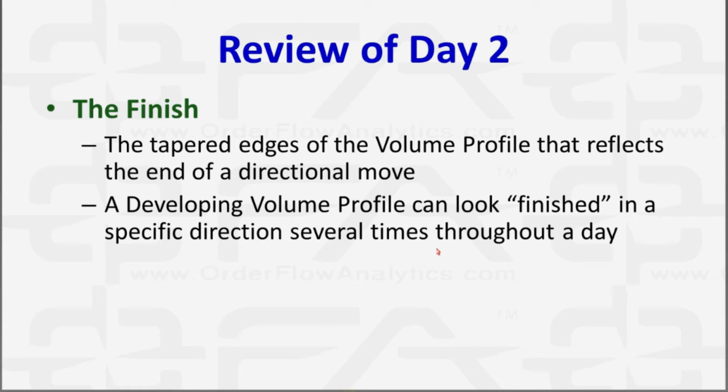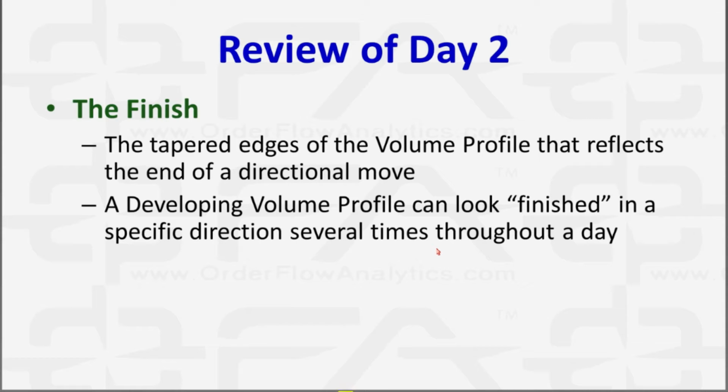This is particularly true with a trend day, where you're getting consistent, constant new distributions, higher or lower, and as it comes up or comes down it looks finished to one side, and all it's doing is rotating back up through that last distribution to the next higher, low volume area where you're looking to take a continuation trade on that trend.